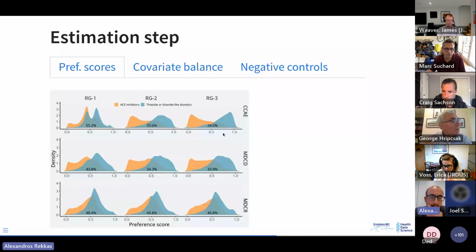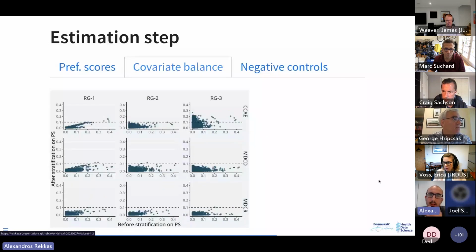This is also confirmed in the covariate balance plots, where we see again that in patients at higher acute MI risk, the balance is all over the place, and so results in this specific risk group may not be so trustworthy. However, we see that in other cases as well, there might be some problems. So, for example, in the lower risk CCAE patients also, or in MDCD.